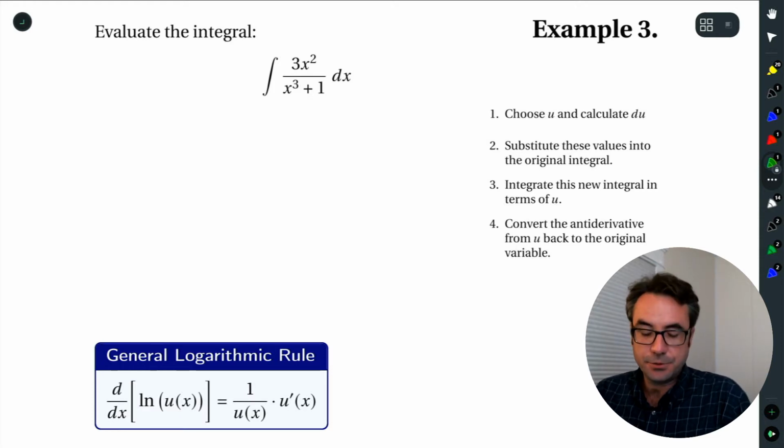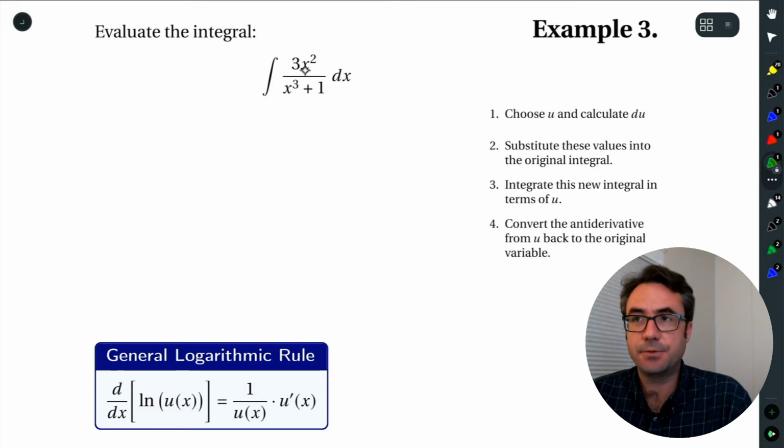If we're going to use substitution rule, well, first of all, we want to think, is this one we can just do? And the answer is probably no. This is not one of our elementary forms that's immediately recognizable from our table of ones we should know.